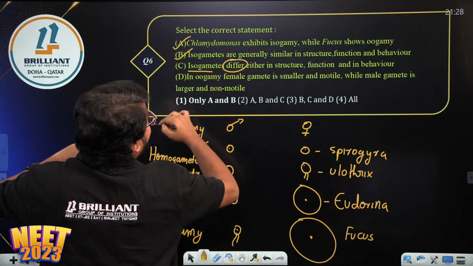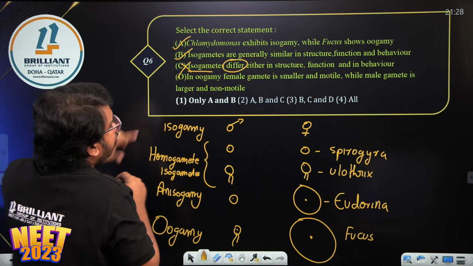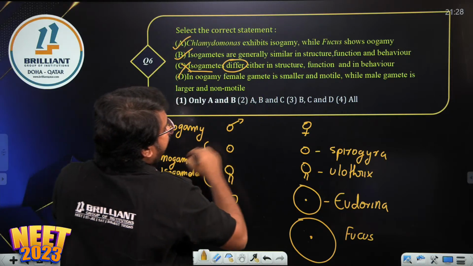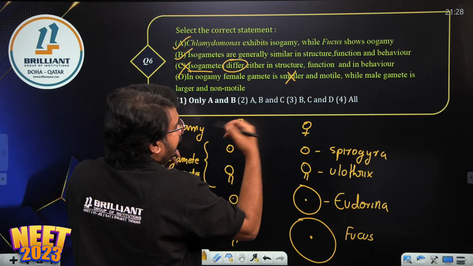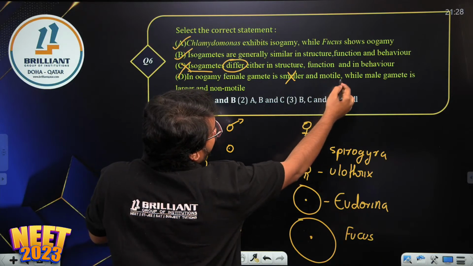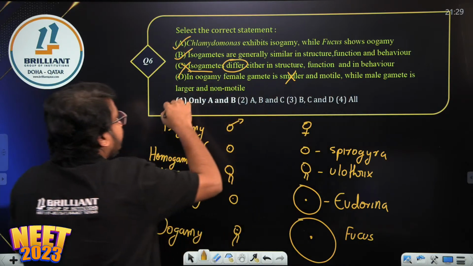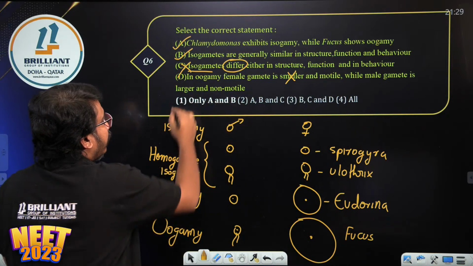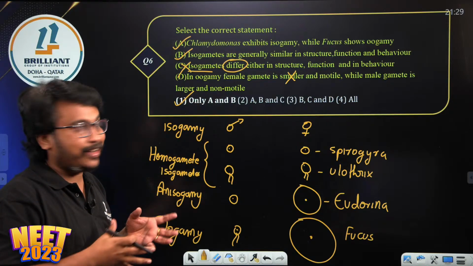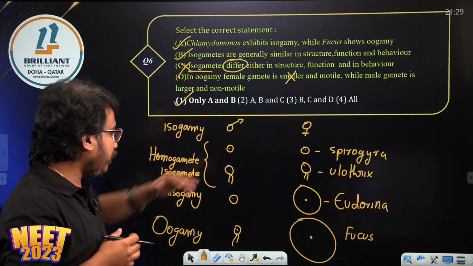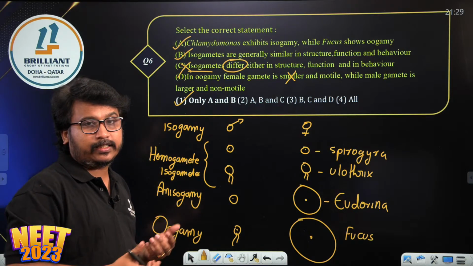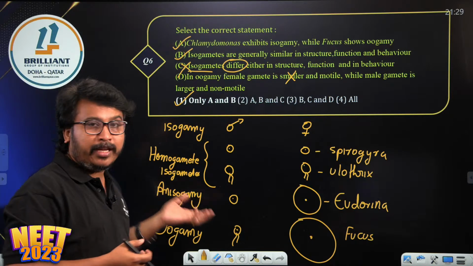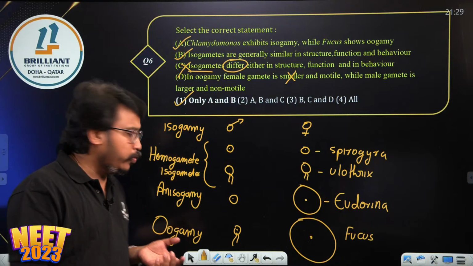In oogamy, saying the female gamete is smaller is wrong. The female gamete is larger and non-motile, while the male gamete is smaller and motile. So only the first two statements are correct. Please learn the questions coming from isogamy, anisogamy and oogamy nicely.